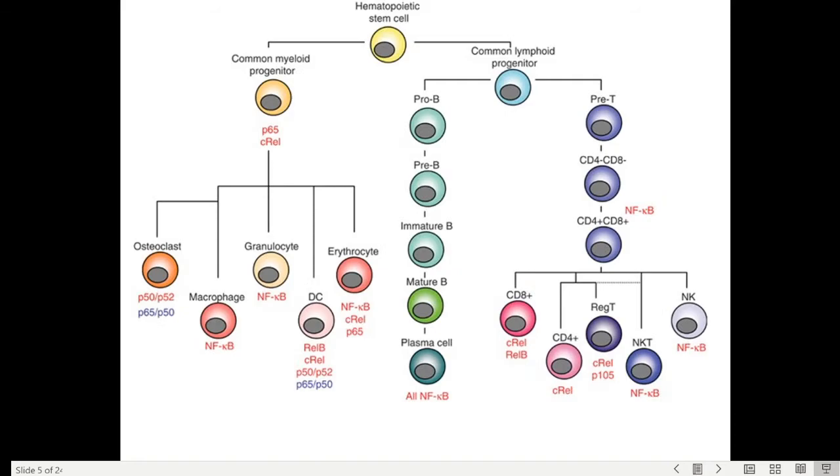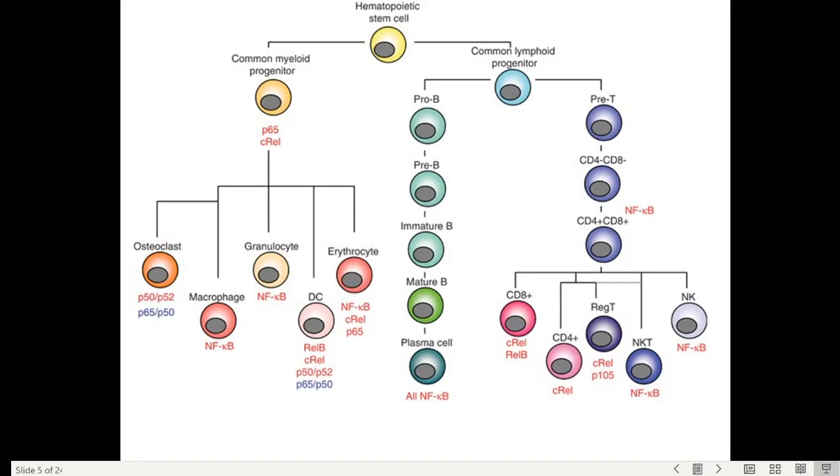NF Kappa-B activation. Here all of the cells are activated and generated based on NF Kappa-B activity.